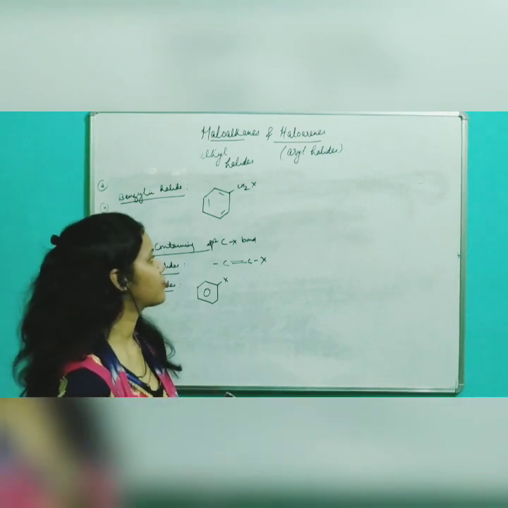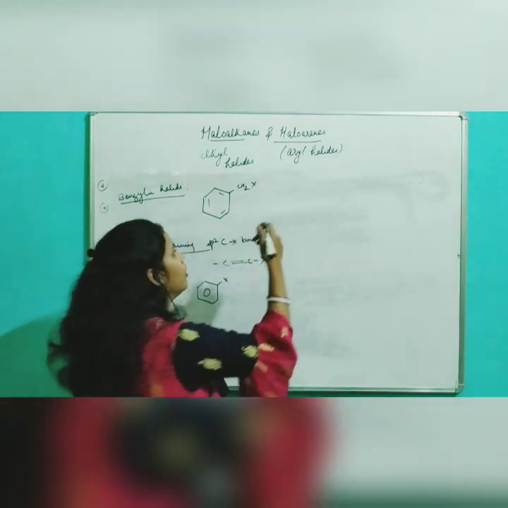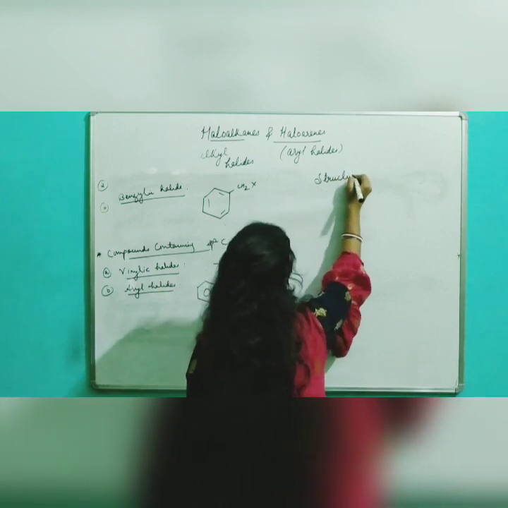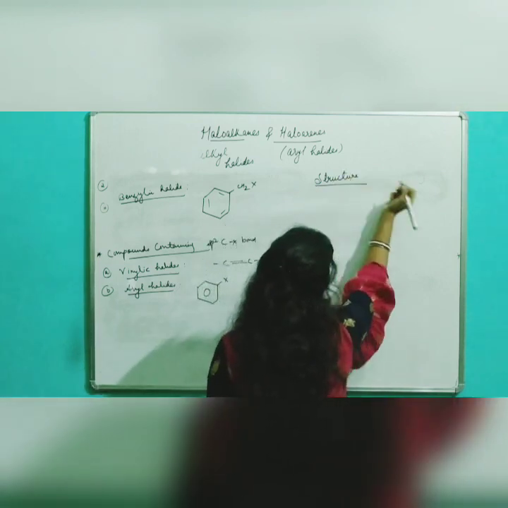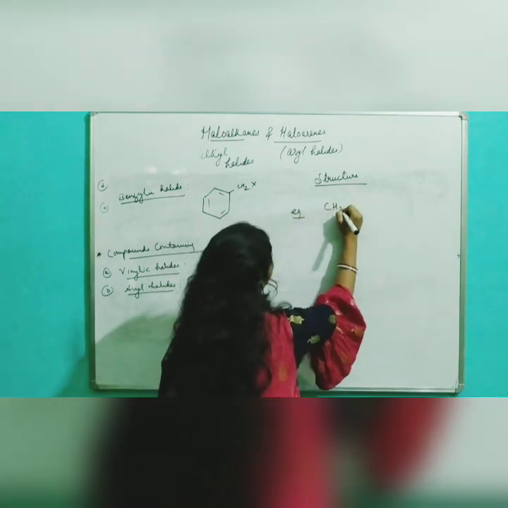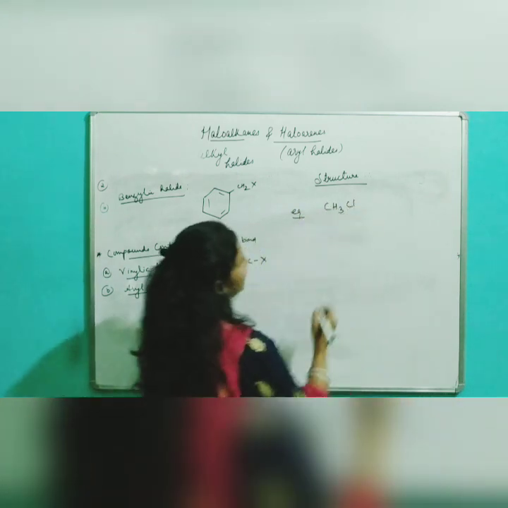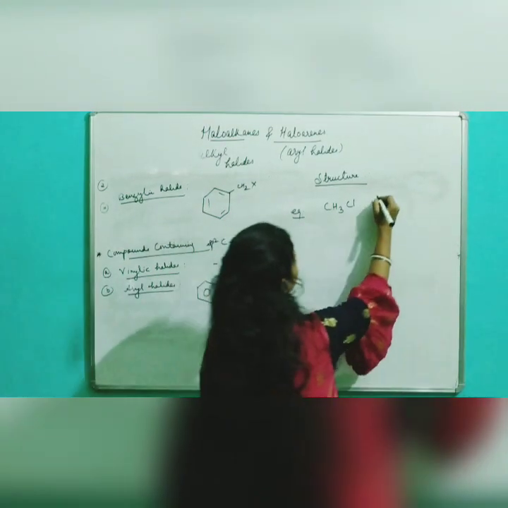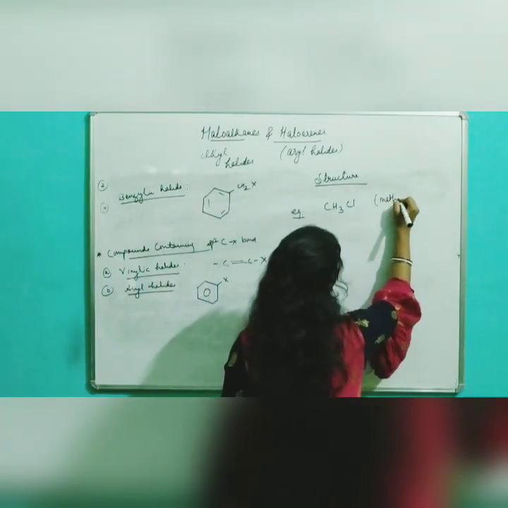Alright, then what is the structure? The next thing is the structure of the alkyl halide. For example, if we take methyl chloride, what is the structure of methyl chloride?